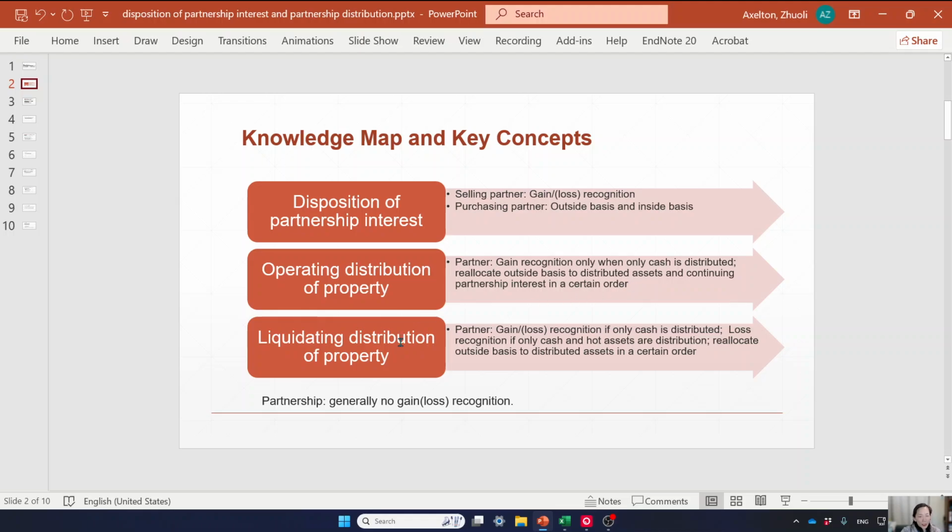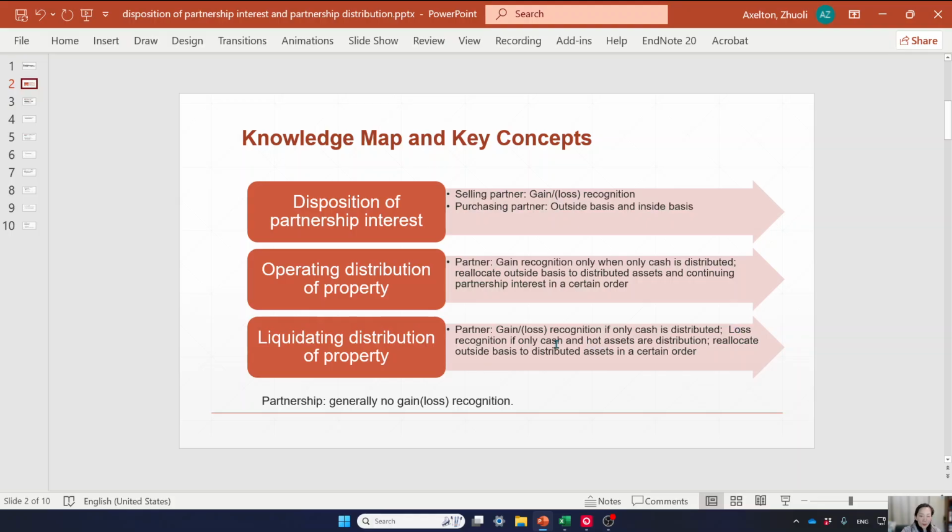The liquidation distribution is different from the operating distribution because it is the final distribution. It represents the partner's final buyout, and after the liquidation distribution, the partner will terminate his or her interest in the partnership. In this final distribution, the gain or loss will be recognized if only cash is distributed.